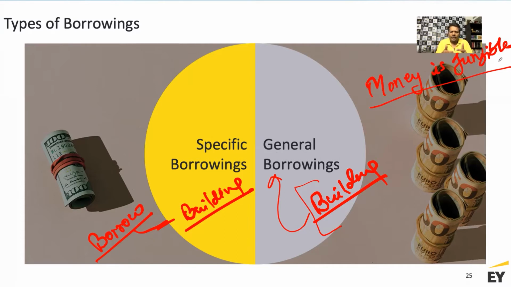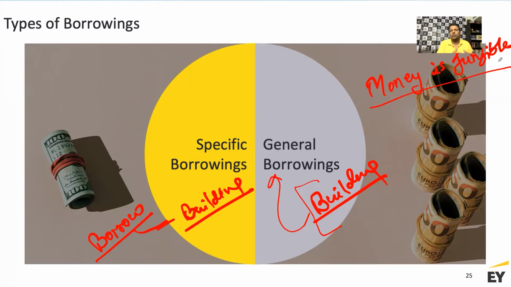Now, the standard simply suggests that if you are building a qualifying asset and you have an interest cost, then the interest cost attributable to that qualifying asset is eligible for capitalization. In other words, if you were not incurring cost in relation to this construction, you could have saved interest by repaying the loan.